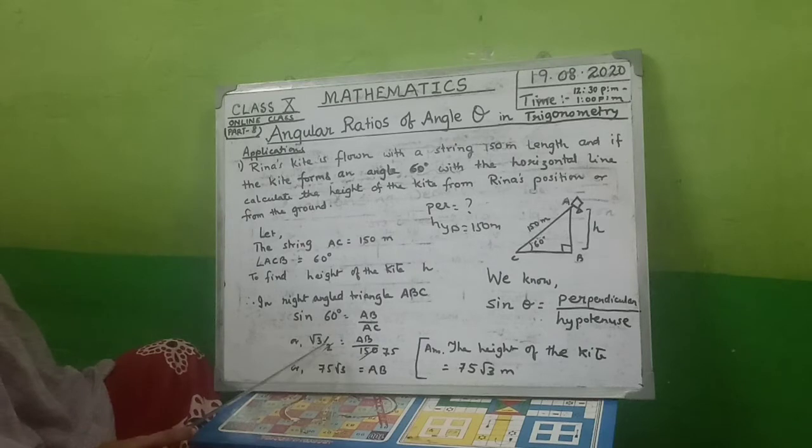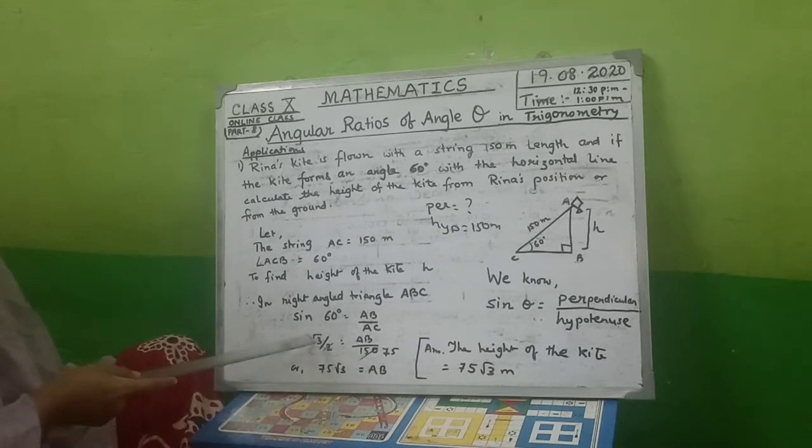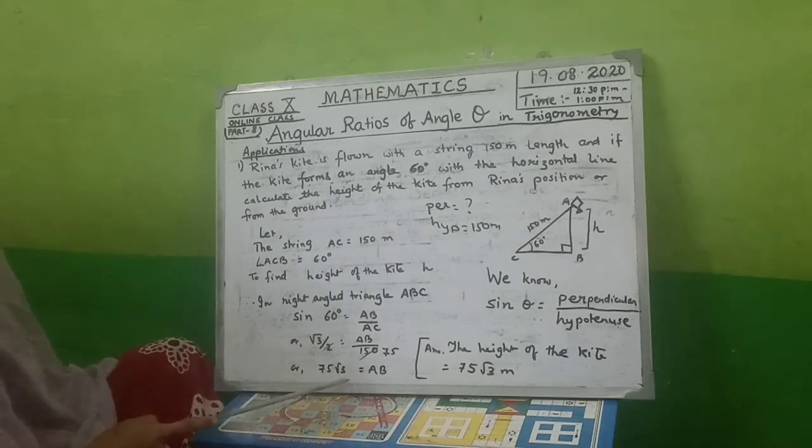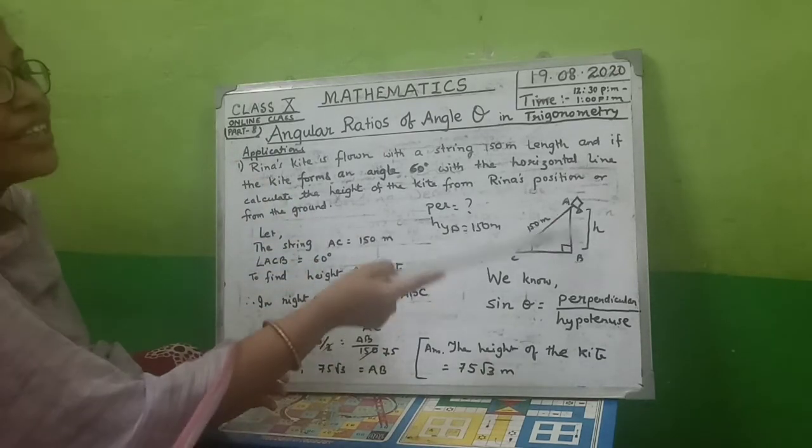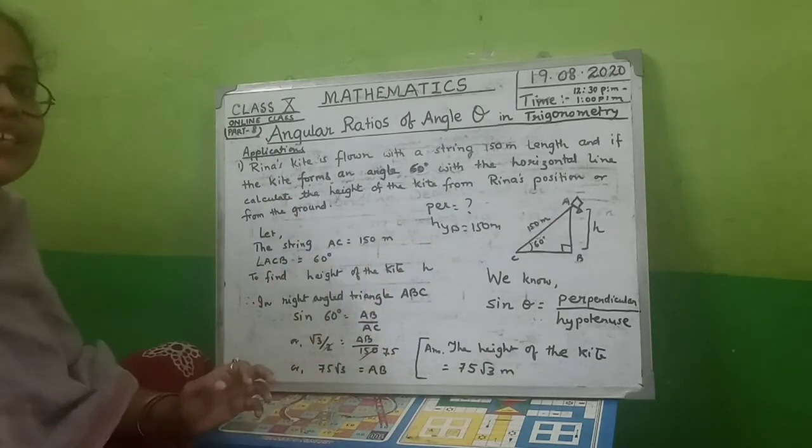Root 3 will be changing to 1, AB by 75. Cross multiply. It will be 75 into 3. That is AB. So, such simply we could find the height of the kite.